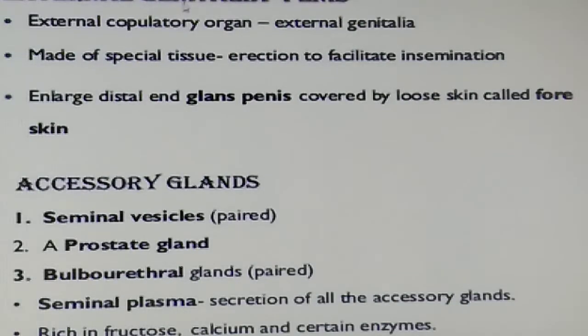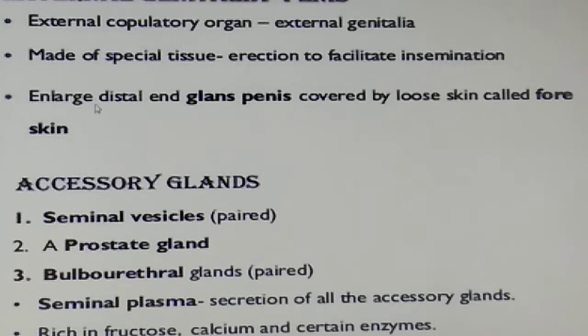Fine. Now external genitalia. External genitalia is the last one, students, that is penis. The male body has an external copulatory organ that is known as external genitalia, penis. It helps in ejaculation during the insemination process. At that time, the sperm that has been formed enter inside the female body with the help of this ejaculation only.